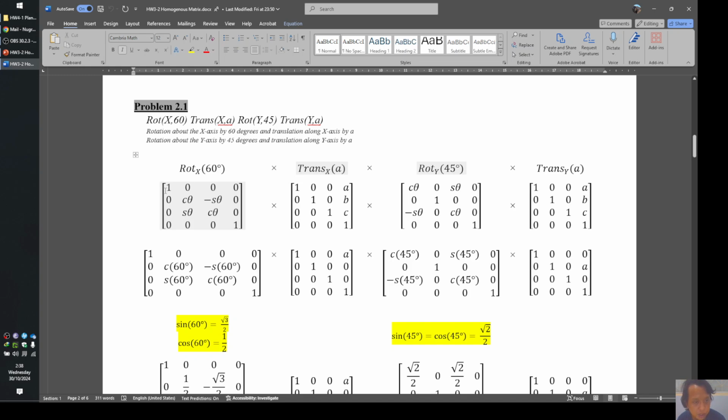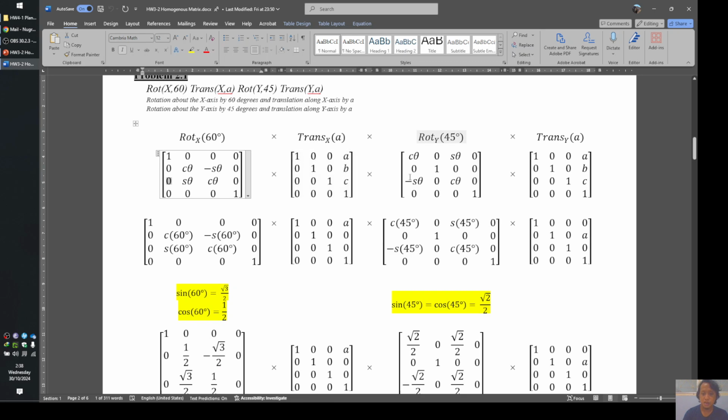The first row is 1 0 0 0. The second row is 0, cosine theta, minus sine theta, 0. The third row is 0, sine theta, cosine theta, 0, and the fourth row is 0 0 0 1.